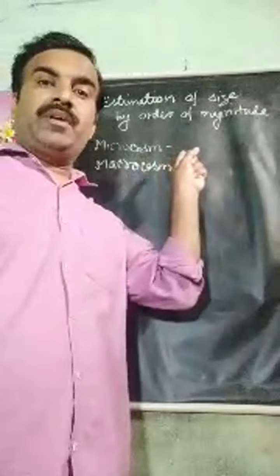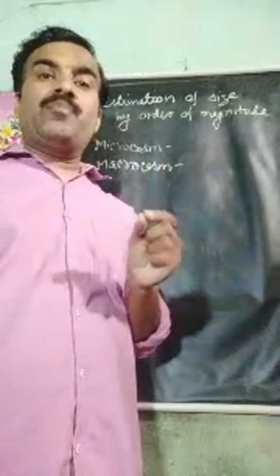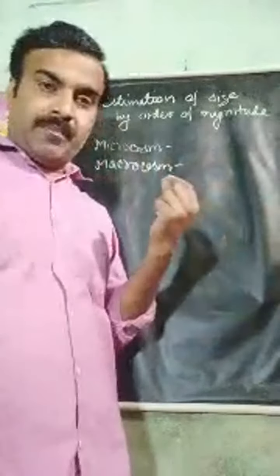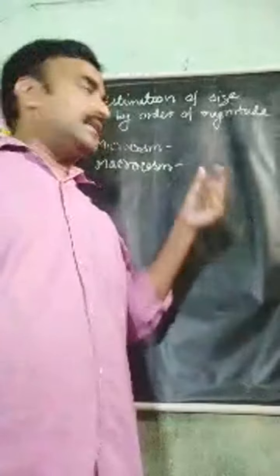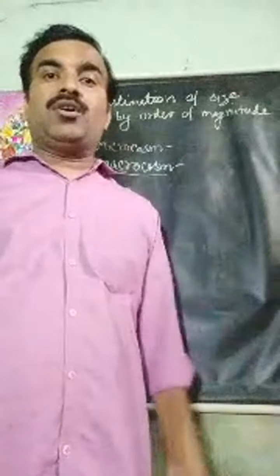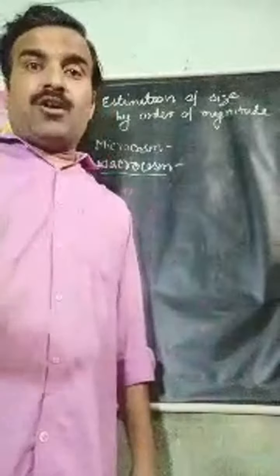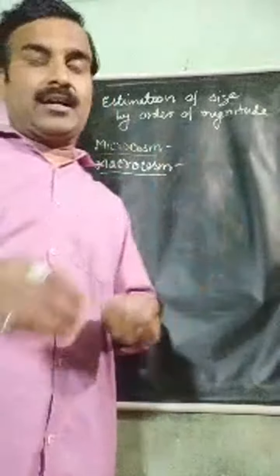It's a Greek word formation. Micro means small. And the measurement of the bigger or larger object is called the macrocosm. So there are two things, microcosm and macrocosm.